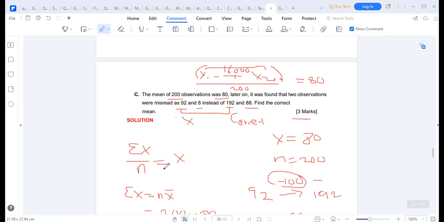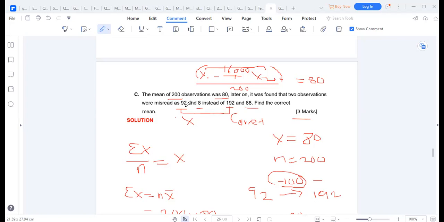So we are told that of these observations, there are two observations which were misread. Instead of writing 192, we wrote 92. So what does that mean? Instead of writing 192, we wrote 92.